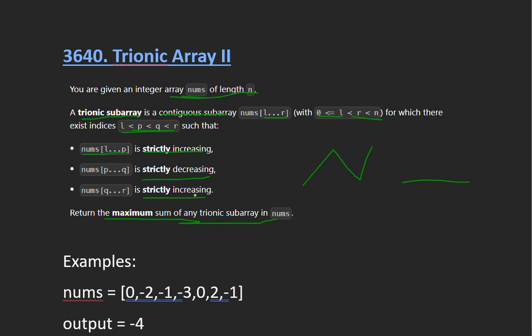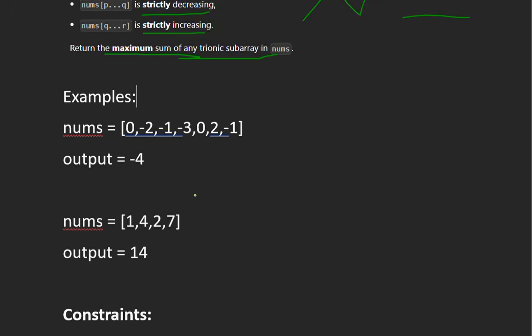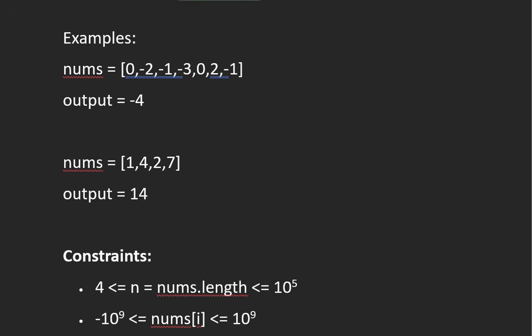So if we'll see the examples, we are given 0, so let's draw it: 0, -2, -1, then -3. Wait, I think I got it wrong.